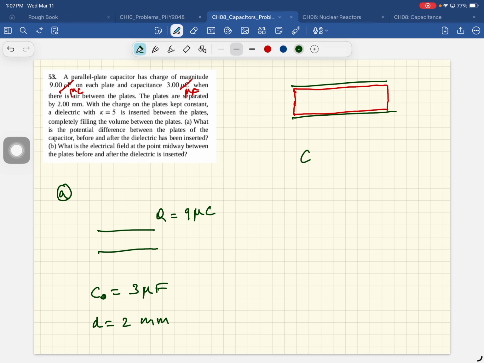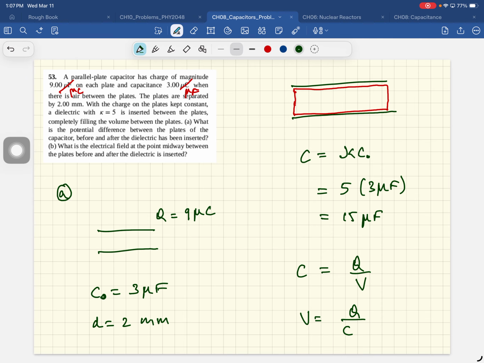And now C is kappa C naught. So the capacitance increased by that, 5 times 3 microfarads, which is 15 microfarads. Yep. Now, the charge is the same, so the new potential is Q over C.